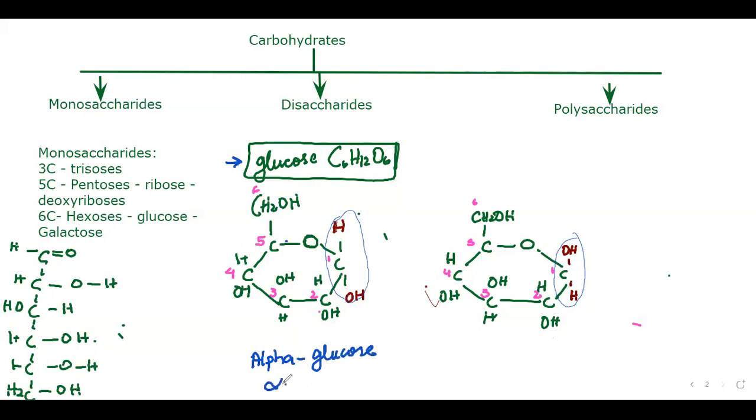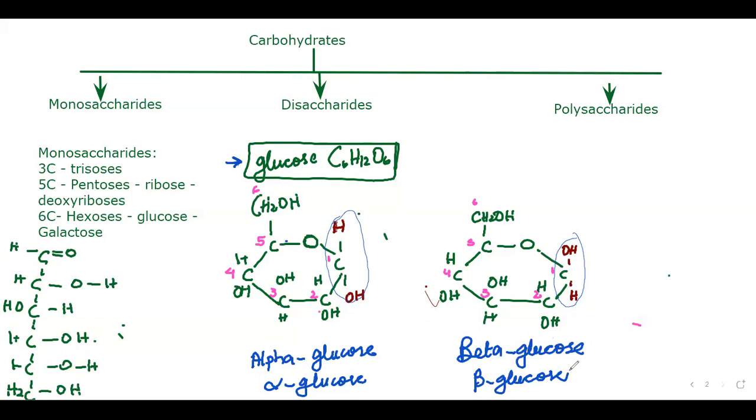We write it down like this, alpha. And then we have the other option, which is beta glucose. So glucose can be of two types. We can have alpha glucose and we can have beta glucose. They are both isomers of each other, in which the hydrogen is at the top and hydroxide is going to be at the bottom, right?